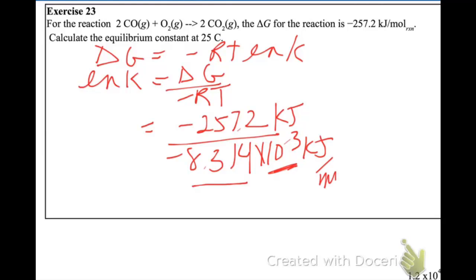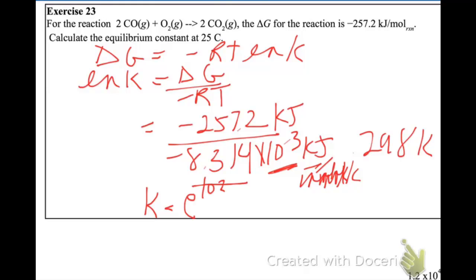Okay, this is per mole K, times 298 K, my bad. And then I multiply it out, I get K equals e to the 103, which is about 1.2 times 10 to the 45th.